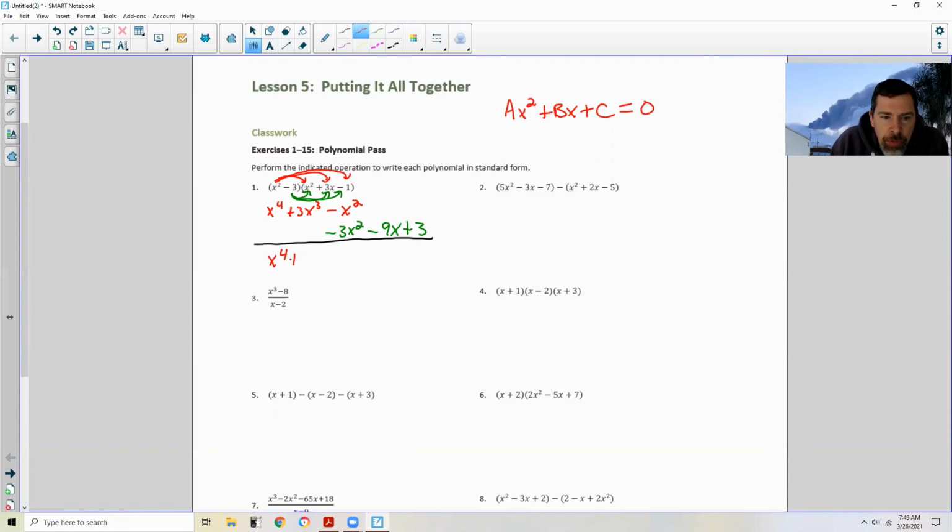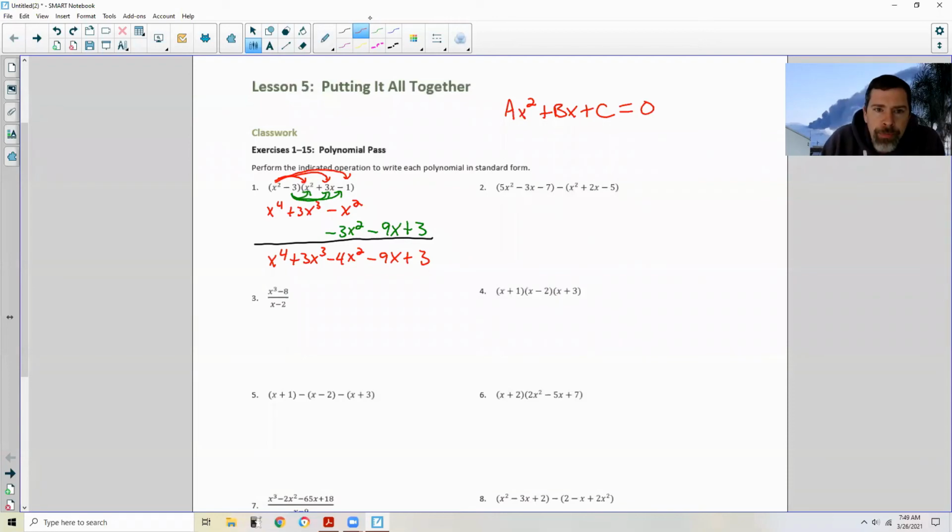X to the 4th plus 3x cubed, negative x squared minus 3x squared is negative 4x squared, minus 9x plus 3. So when I distributed this binomial into this trinomial, I got a 4th degree polynomial. And there's the answer.